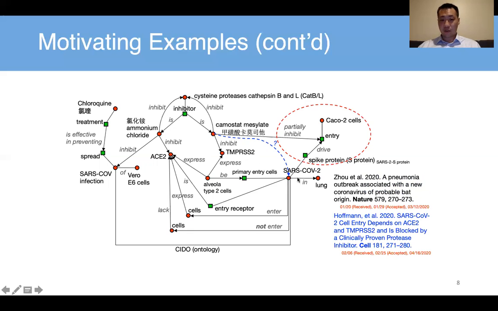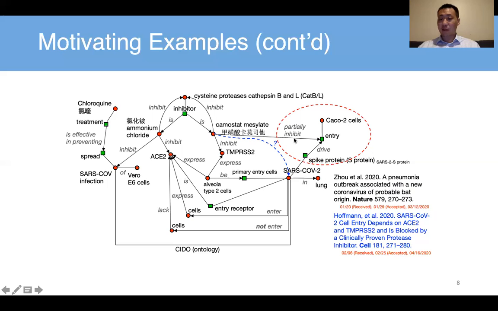These red nodes, camostat mesylate and SARS-CoV-2, are connected by a path saying that camostat mesylate can partially inhibit the entry into Caco-2 cells driven by the spike protein of SARS-CoV-2.